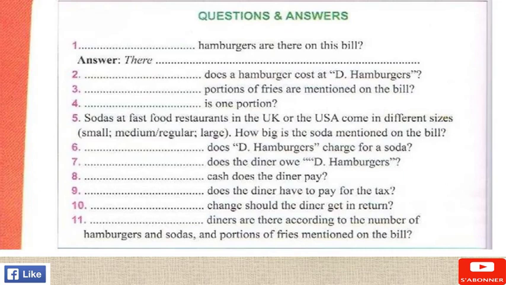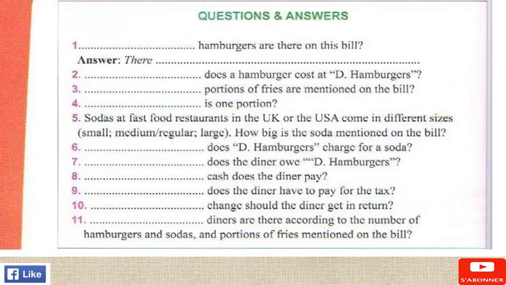How much does a hamburger cost? How many portions of fries are mentioned on the bill? How much is 1 portion? Sodas at fast food restaurants in the UK or the USA come in different sizes. Small, medium, regular, or large. How big is the soda mentioned on the bill?